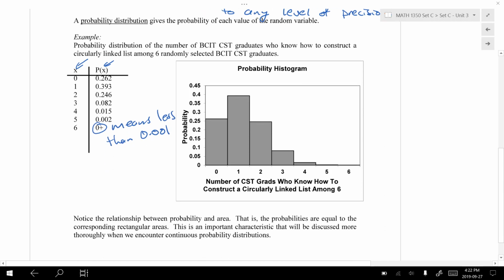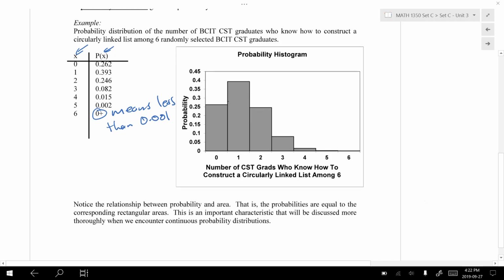So this particular probability histogram here is displaying for us the probability of a certain subset of these 6 students that we pick, whether or not they know how to do this task. So it's a lot like the histograms we've seen already, except the y value here is actually giving us probabilities.